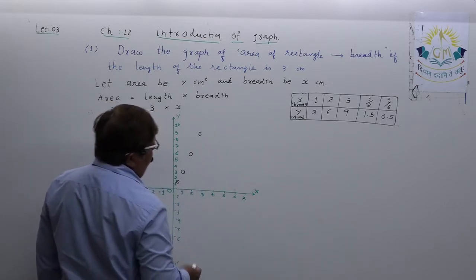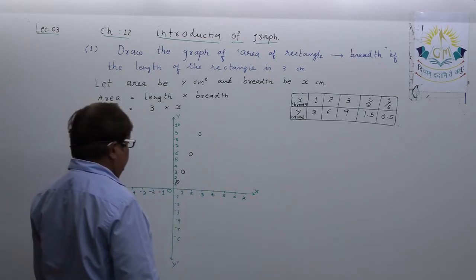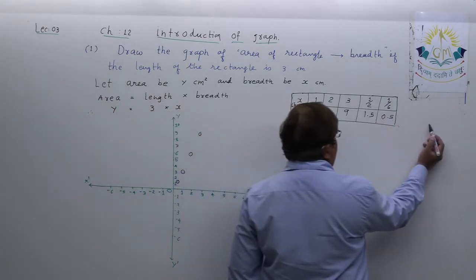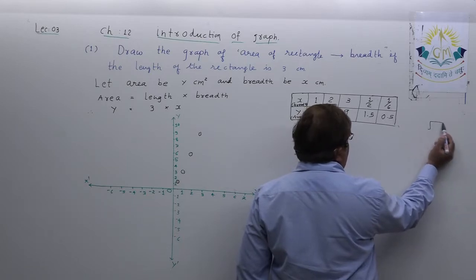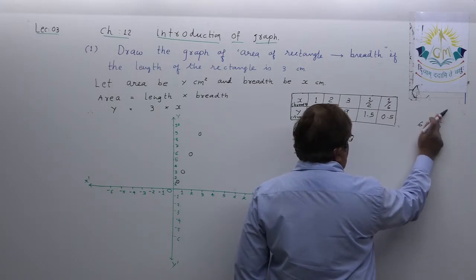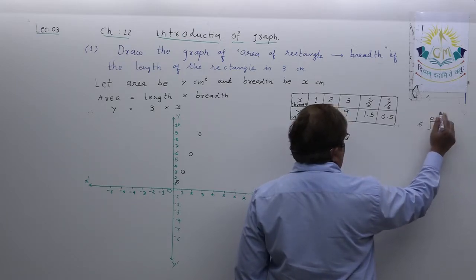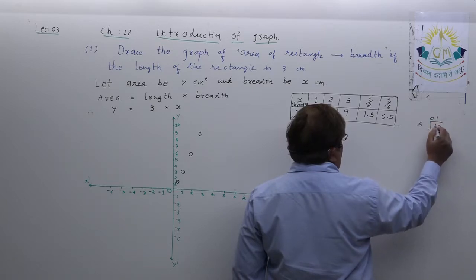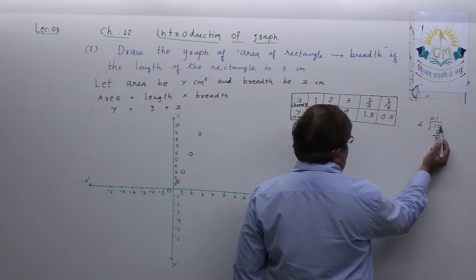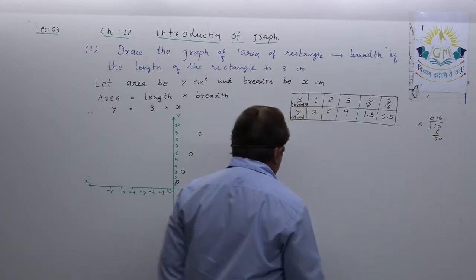Then we have taken 1 upon 6, dear student. How will you represent 1 upon 6? So suppose this way. Understand? 1 upon 6 is 0.16.